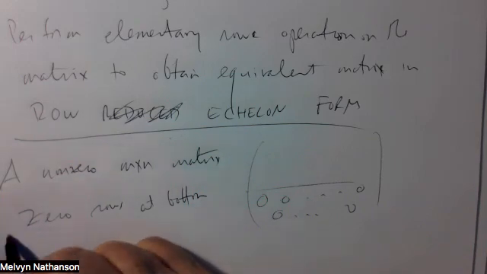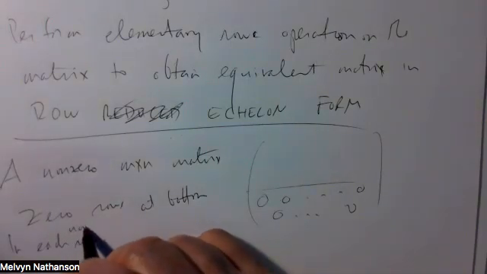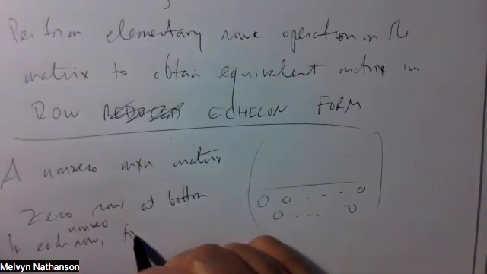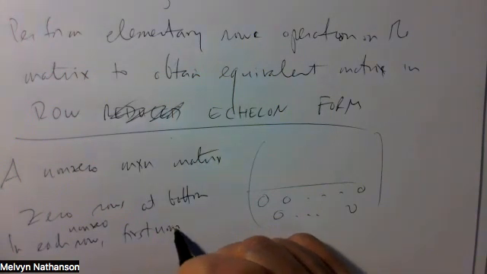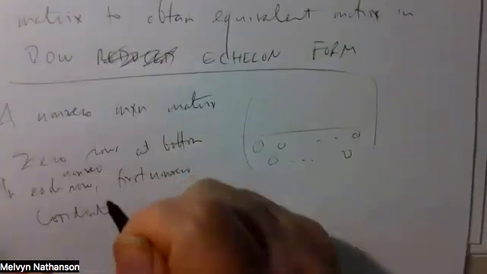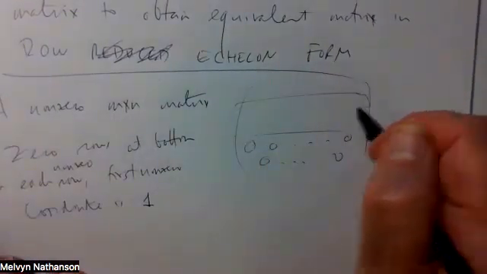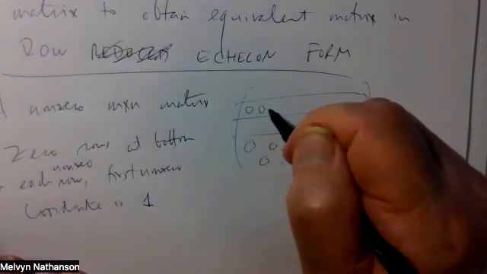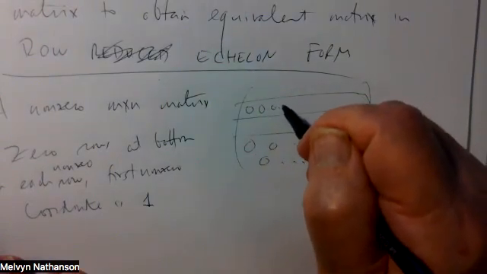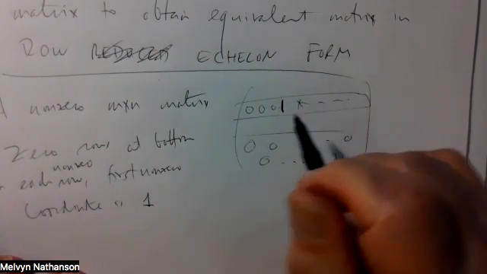Second, in each non-zero row, the first non-zero coordinate is a 1. So in any given row, you might have some zeros, and then your first non-zero coordinate is a 1, and then you have other stuff.